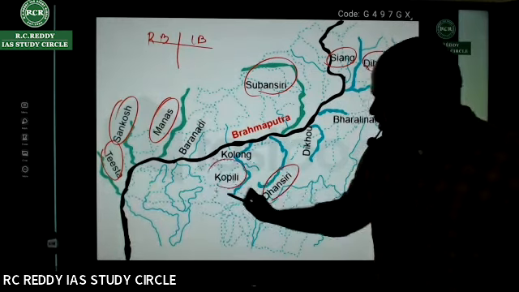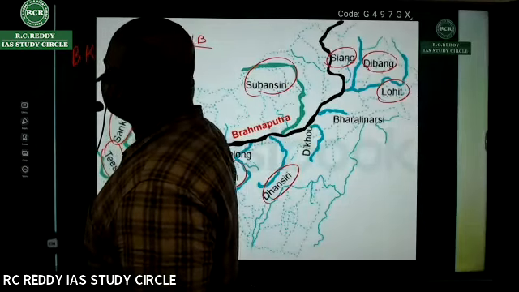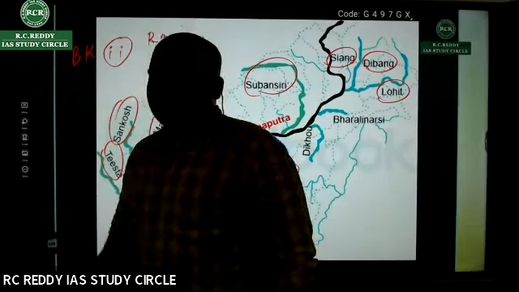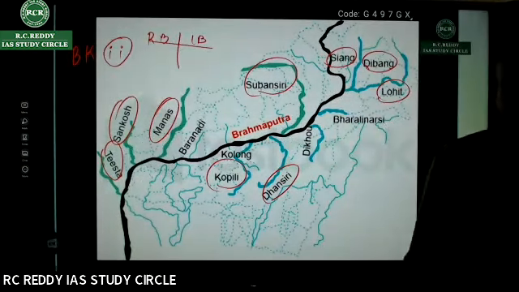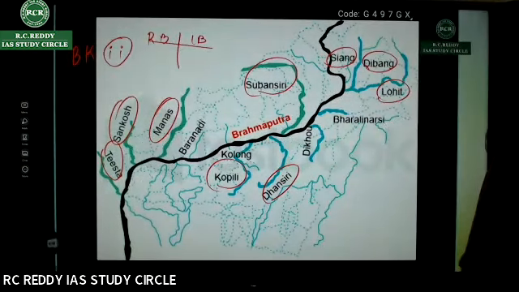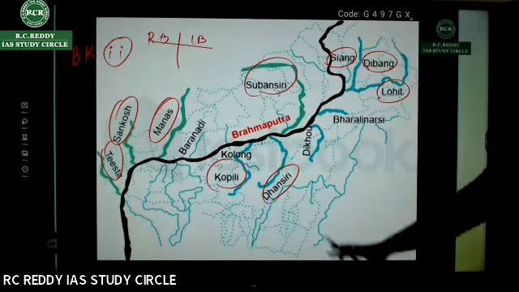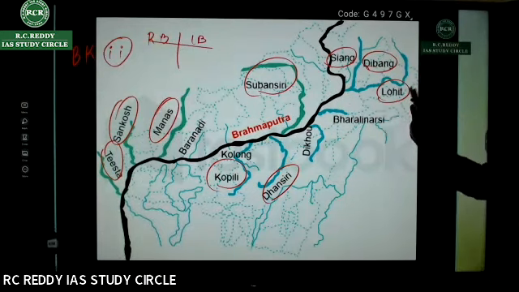Kopili, right? Now, especially in the tributaries of Brahmaputra and Kaveri, we will have so many I's. Kopili, Dhansiri, Subansiri, Dihang, Dibang, right? You observe in almost every one, Siang, Lohit, right?